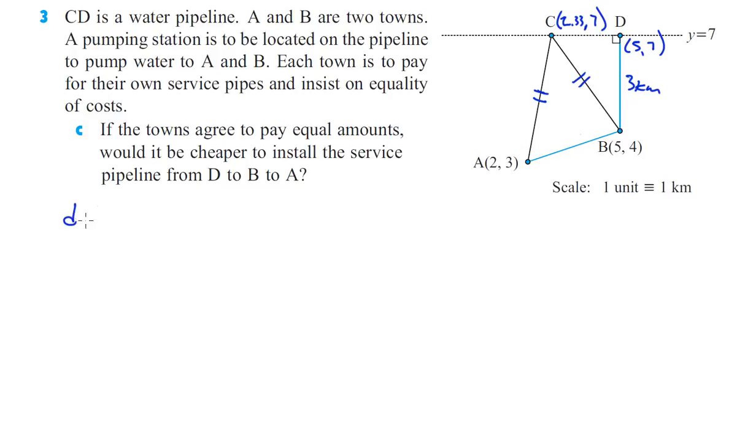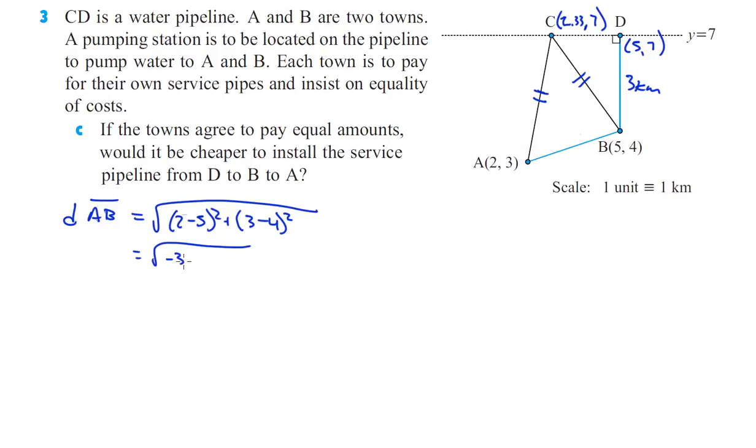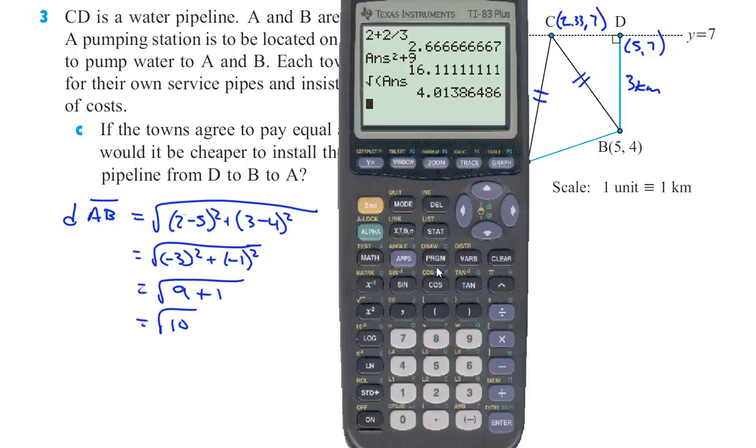So the distance from A to B is going to be 2 minus 5 squared plus 3 minus 4 squared. So 2 minus 5 is negative 3 squared, and 3 minus 4 is negative 1 squared. That gives us the square root of 9 plus 1, which equals the square root of 10.